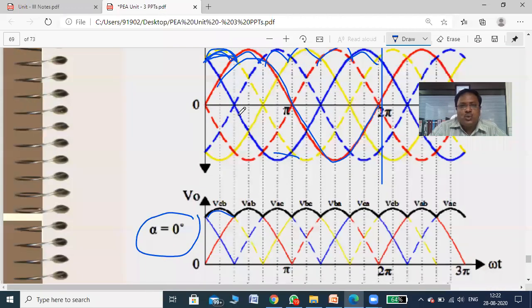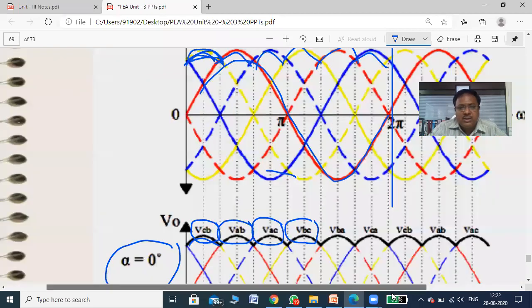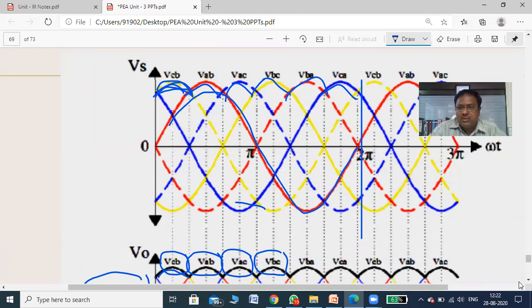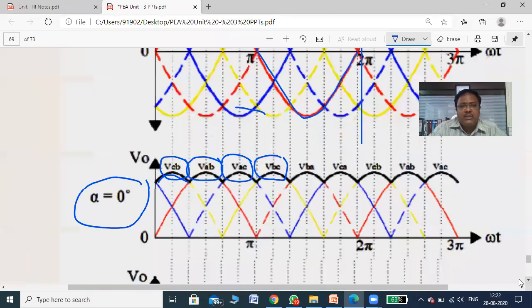You can see here VCB. Actually, it is VCB first, then VAB, then VAC, then VBC. Is it visible to you? Now I will just increase it. See this waveform.